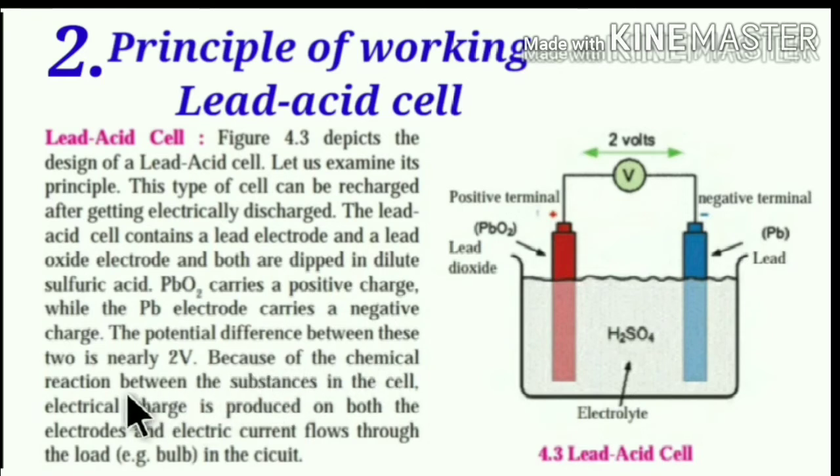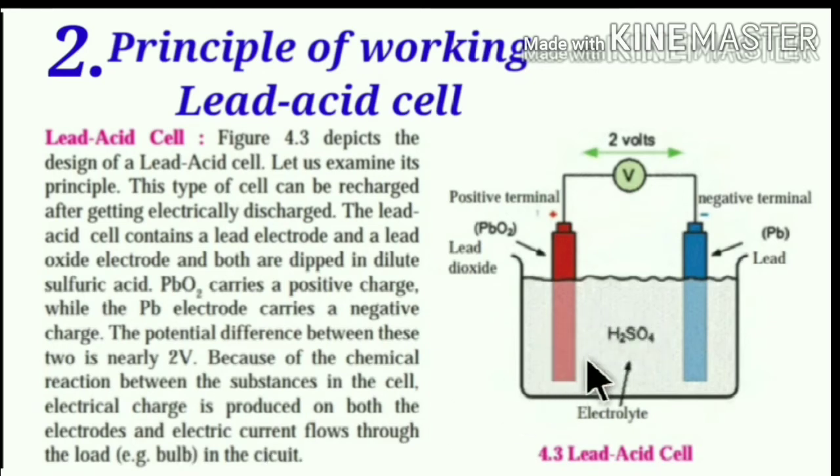Because of the chemical reaction between the substances in the cell, electrical charge is produced on both the electrodes and electric current flows through the load. Load means the bulb that is connected in the circuit.